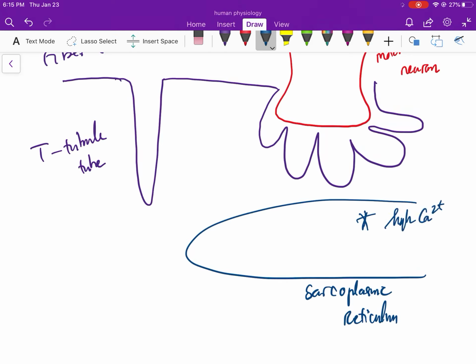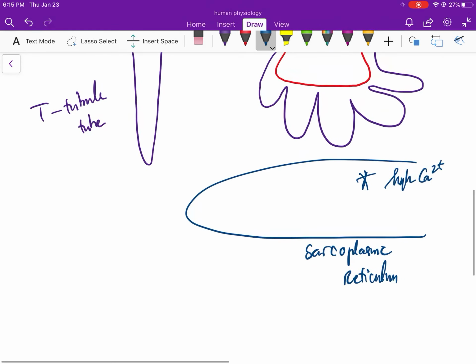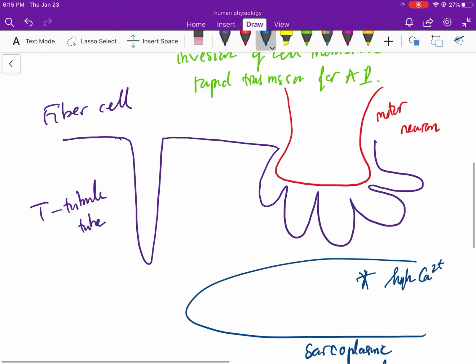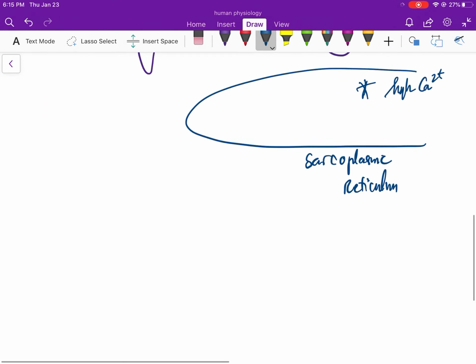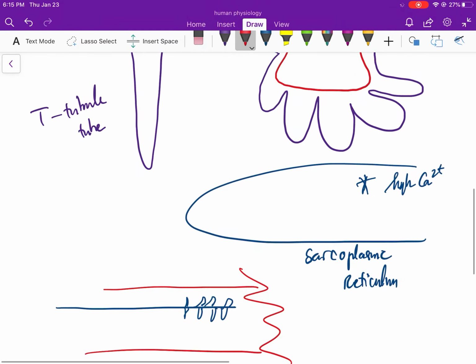This is the storage of calcium. From here, we will see all the interactions and how they happen. In our fiber, we already know that we have the thick filament, with all its tails, and also the thin filament right here.